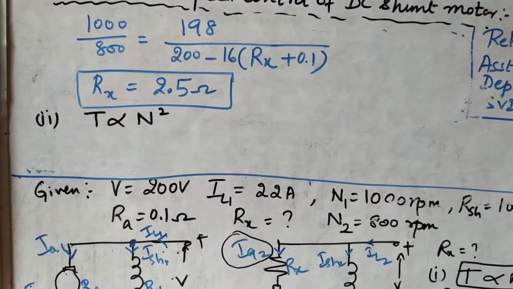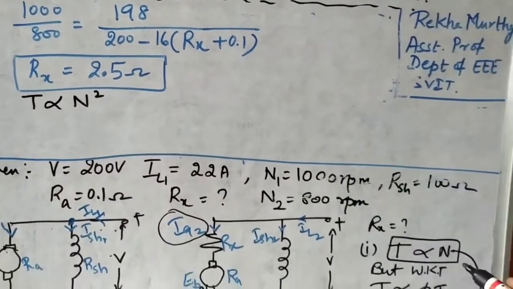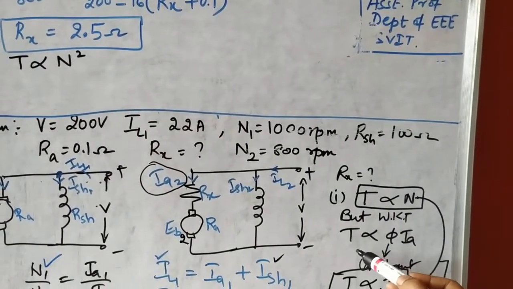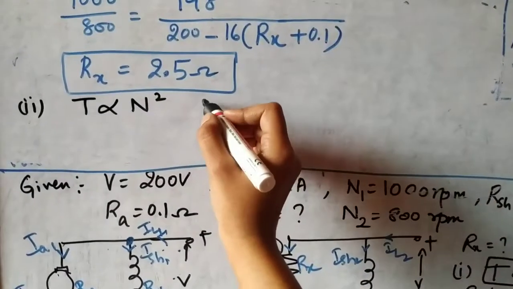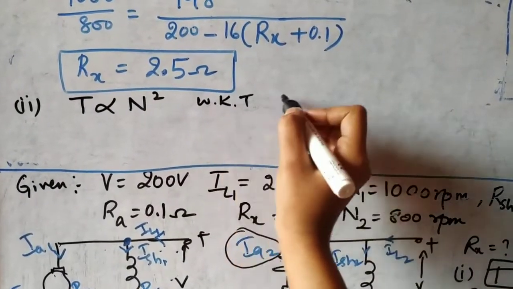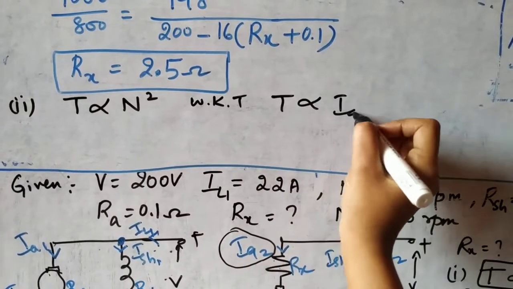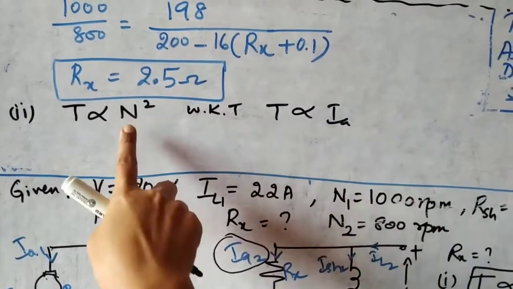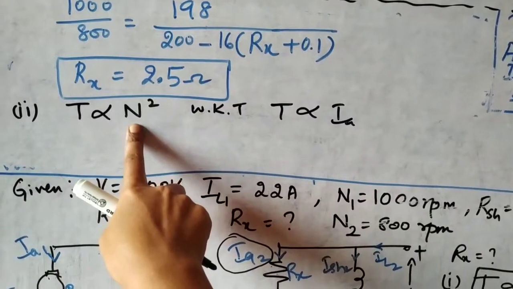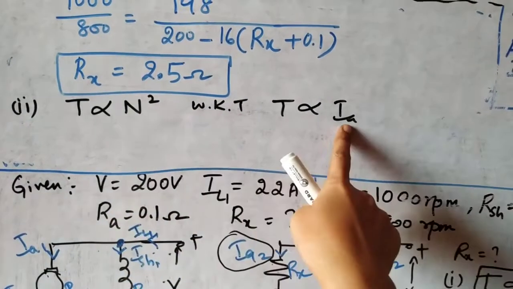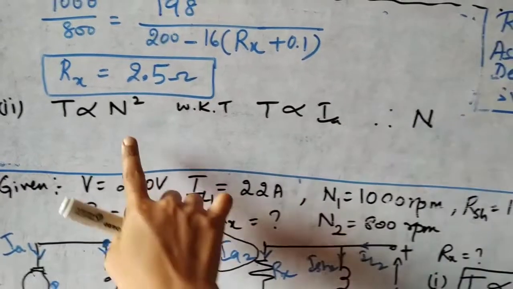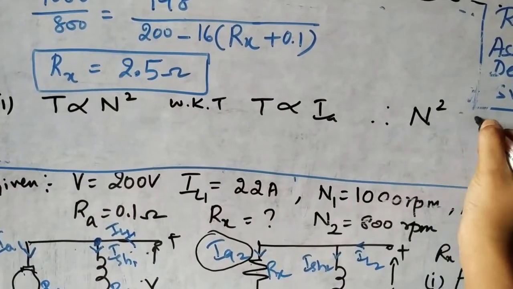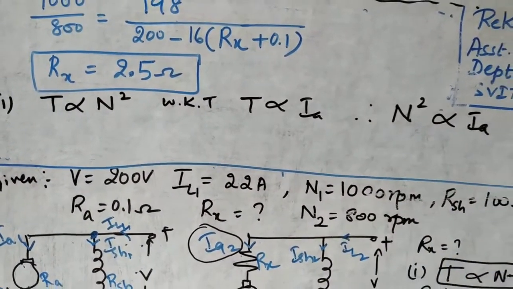But here we know that T is proportional to Ia. Therefore, with the help of this, we can say that N square is proportional to Ia.